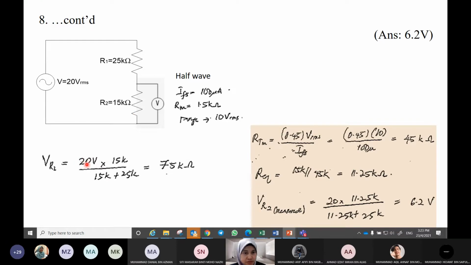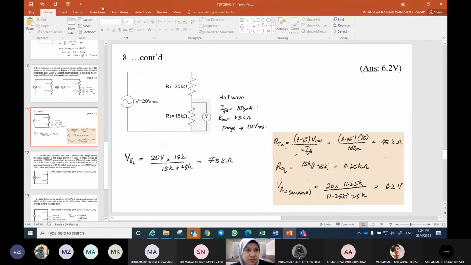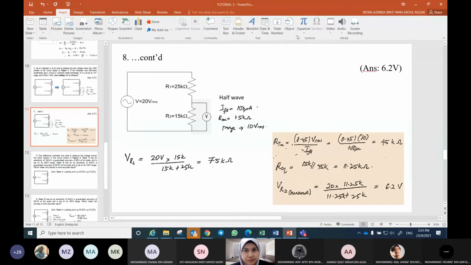So the VR2 from the calculation is 7.5 volts.